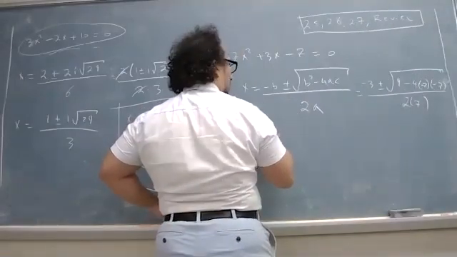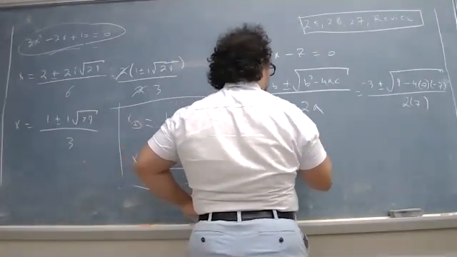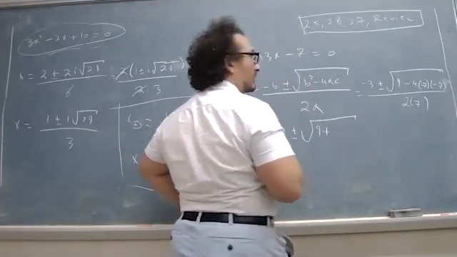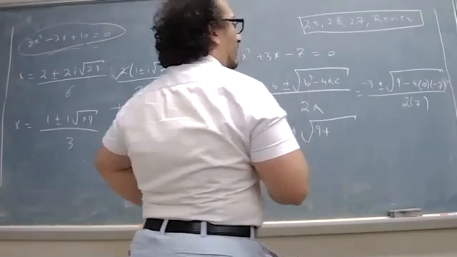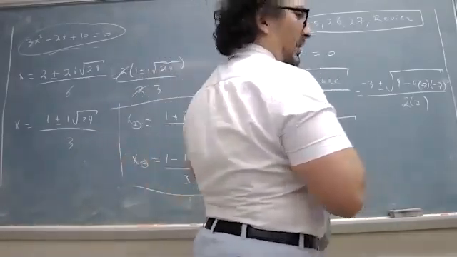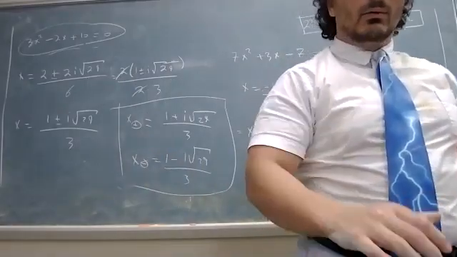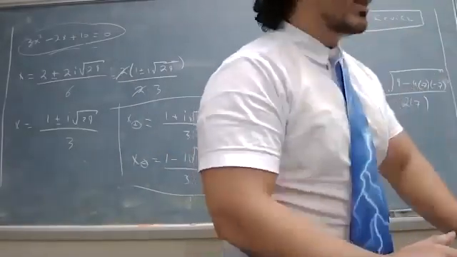So I get x is equal to negative 3 plus or minus the square root of 9 plus 7 times 7 is 49, 49 times 4 is 196.